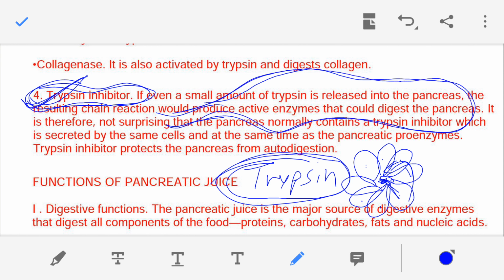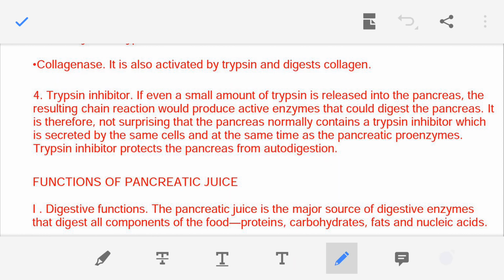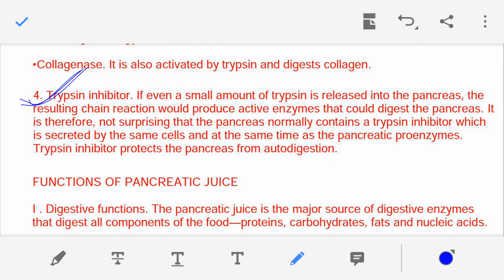So to protect against the effect of trypsin, the trypsin inhibitor acts on trypsin and inactivates it, so that trypsin cannot digest the pancreas. We need to remember the trypsin inhibitor and its role.